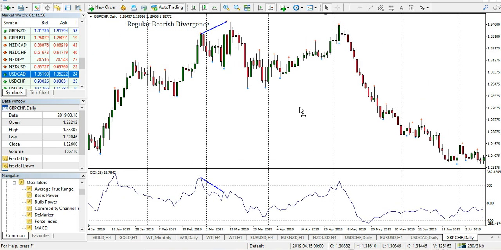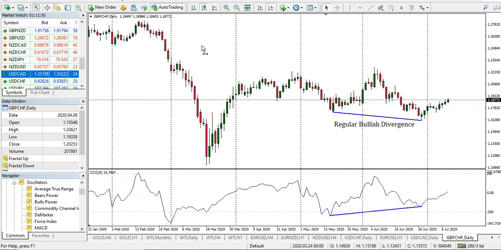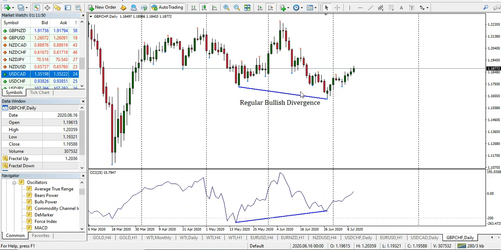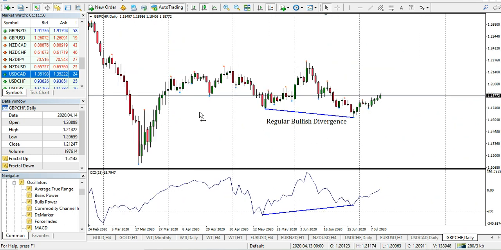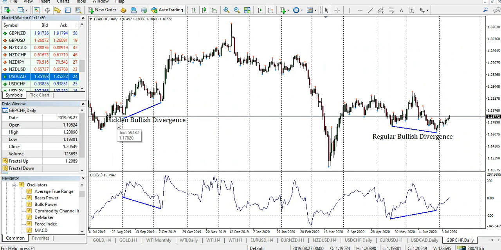Okay? Now, you have what is called regular divergence, or it is sometimes called classic divergence, and you have what is called, let's zoom this here, hidden divergence. Okay?